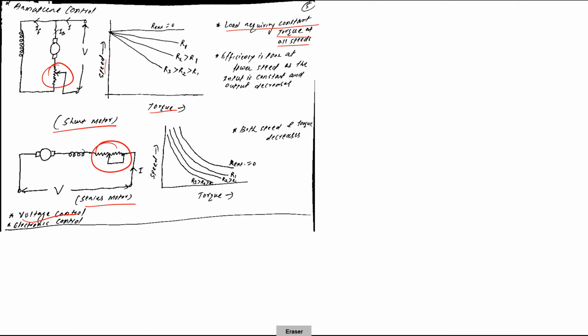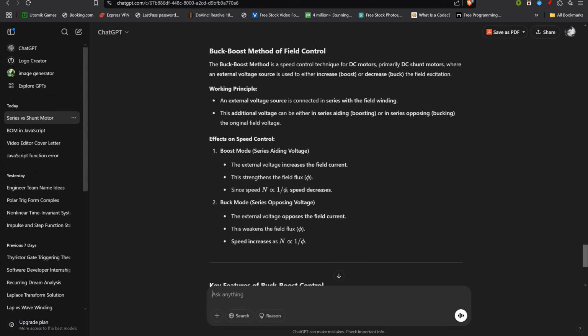Next is voltage control, electronic control. So let's ask ChatGPT what the voltage control method of speed control is.